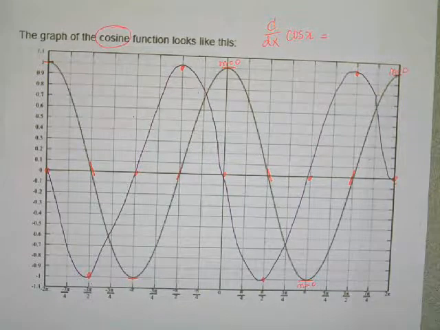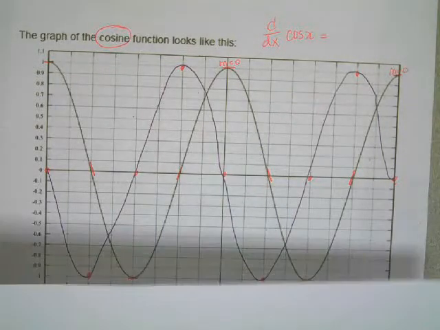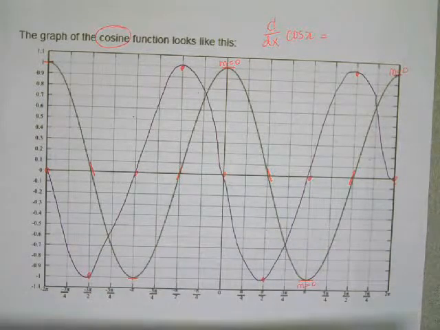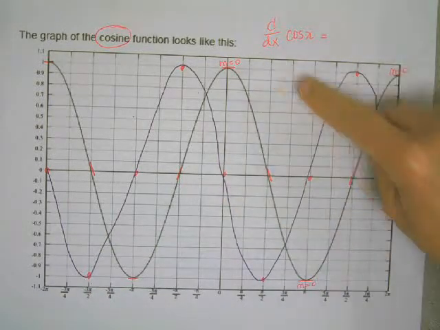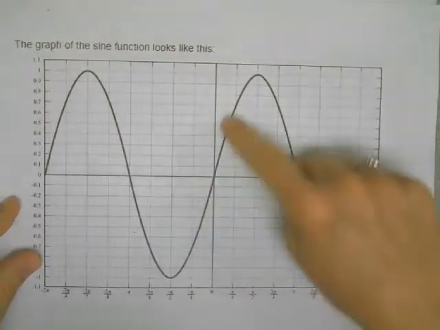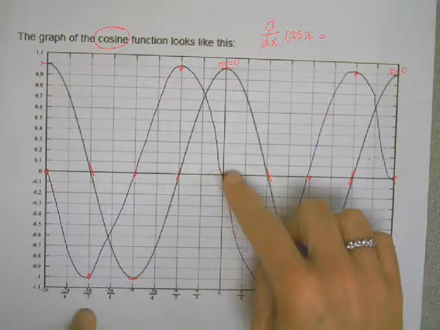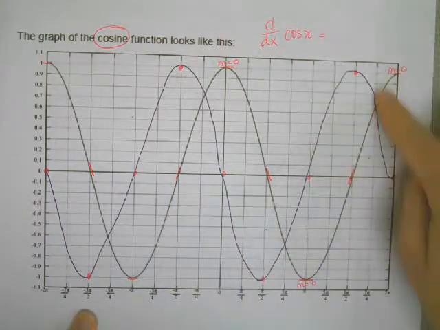A lot of you guys will say sine of x, but this graph is not quite sine of x, because doesn't sine of x go up first, then down? So remember, here's sine of x goes up, then down. The derivative graph that I found looks just like sine of x, only it's been flipped.